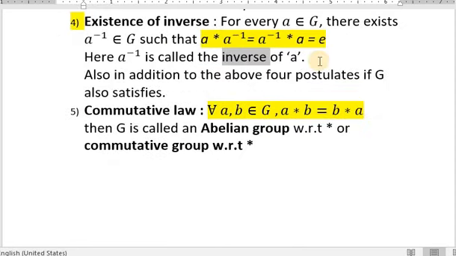Along with these, if G satisfies the commutative law, then that group is called an abelian group with respect to the binary operation star.